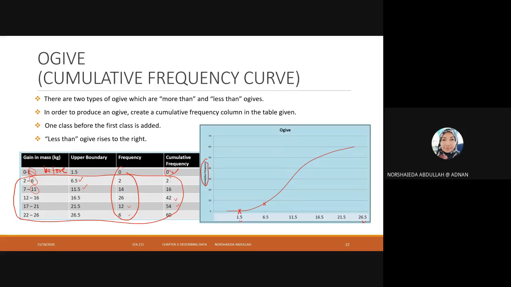And then the third class 11.5 and the cumulative frequency is 16. Okay, graf ni sebenarnya dia lari sikit. Okay, lari sikit. So saya erase lah erase. Okay, kita buat yang betul lah ya.